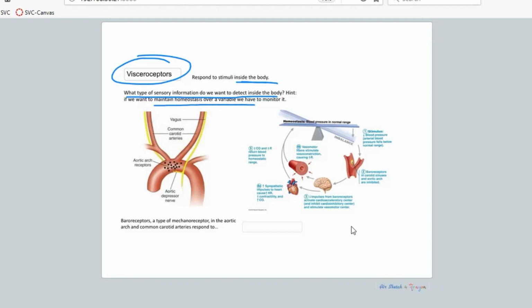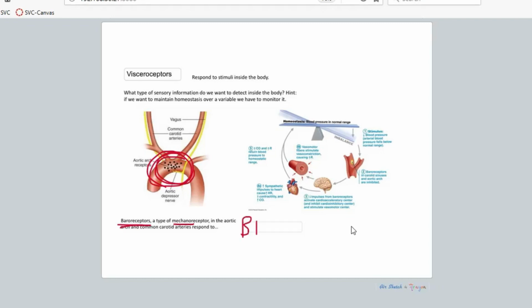Here we have the heart, and this is the aorta, and we have these receptors called baroreceptors located in the aortic arch. This is a type of mechanoreceptor. What are these baroreceptors detecting? They detect blood pressure, and that information goes to the central nervous system for processing, which activates effector organs to bring blood pressure back to where it needs to be.